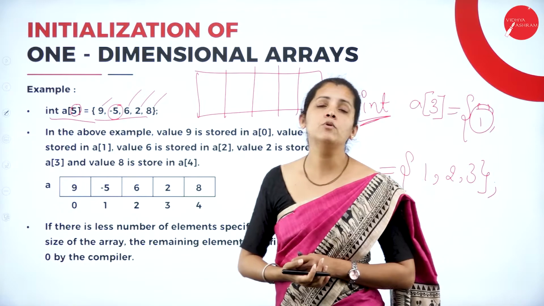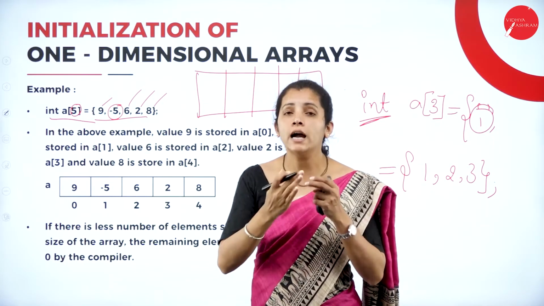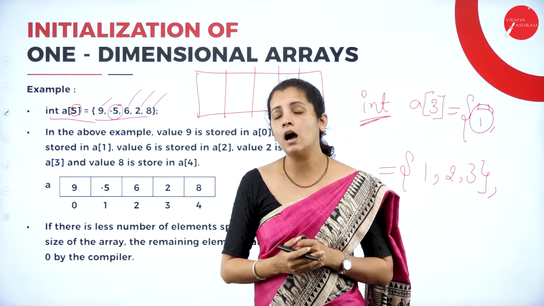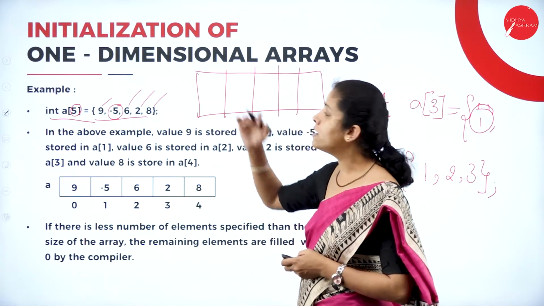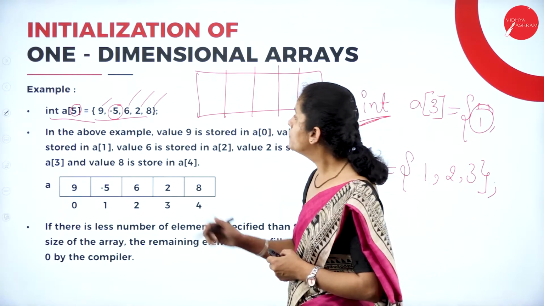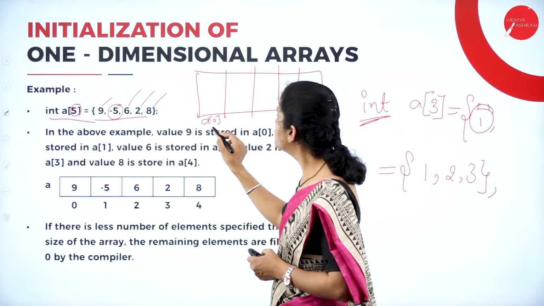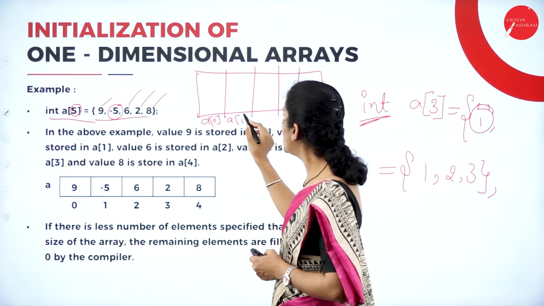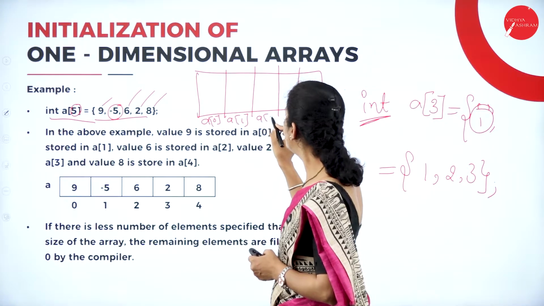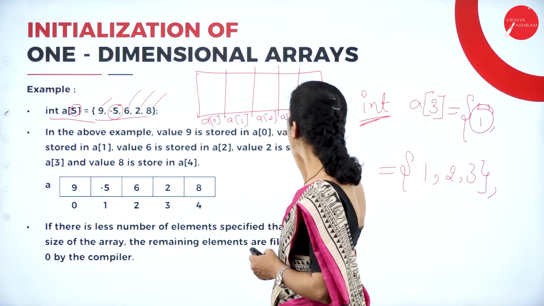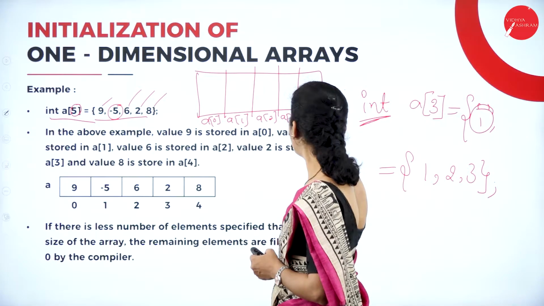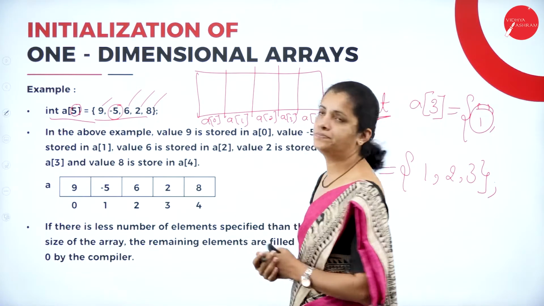And how is the memory allocated? Continuous memory locations are allocated for an array. Now here I'll write the index, that is a of 0, here a of 1, here a of 2, here it is a of 3, and here it is a of 4.